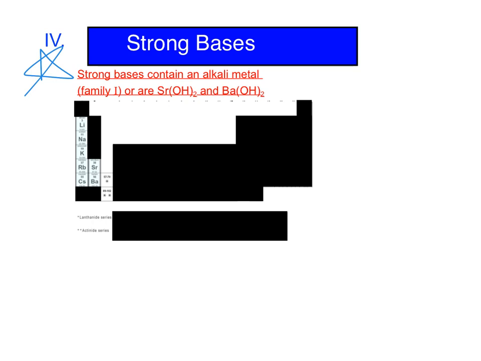So strong bases, you have to look at the periodic table, and any strong base is going to include an alkali metal or strontium or barium. And if you notice, there forms like a little B on the periodic table. These are where your strong bases are. So lithium hydroxide is a strong base.